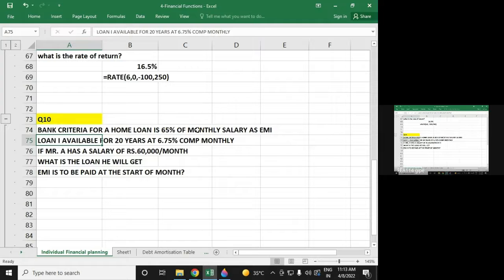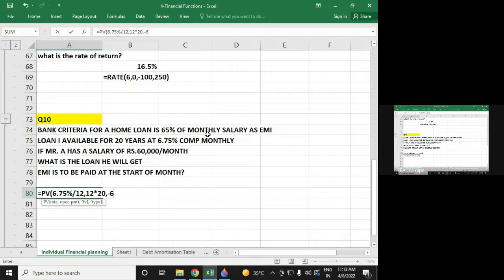So loan is available for so much rate at so much for so much time, and A has a salary of 60,000. How much loan will he get today? So the question is about finding PV. We are looking at 6.75 divided by 12, 12 into 20, and his monthly salary is 60,000.